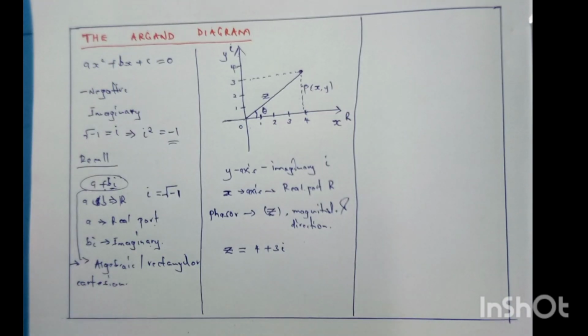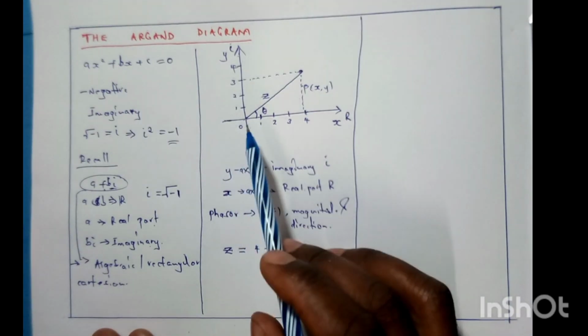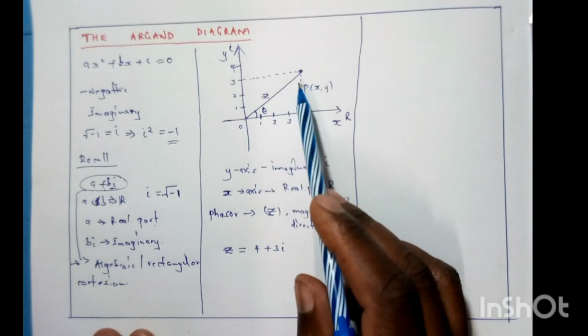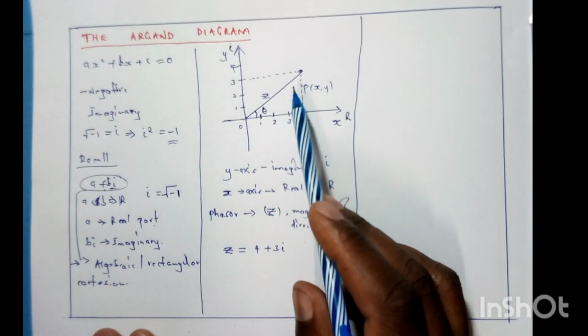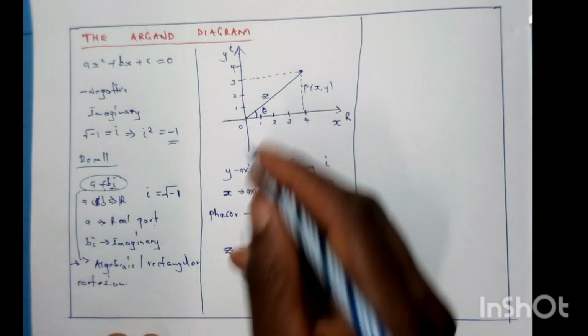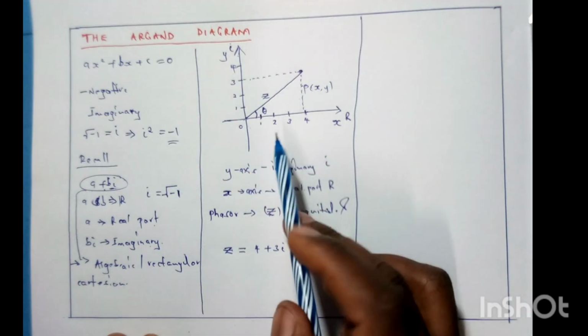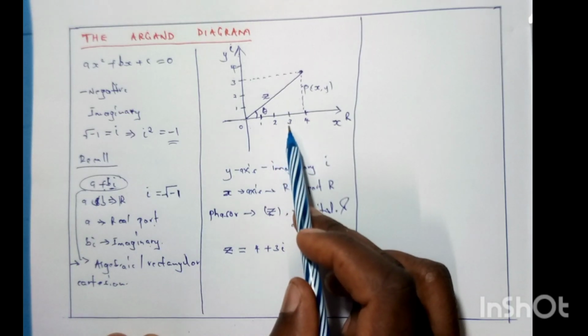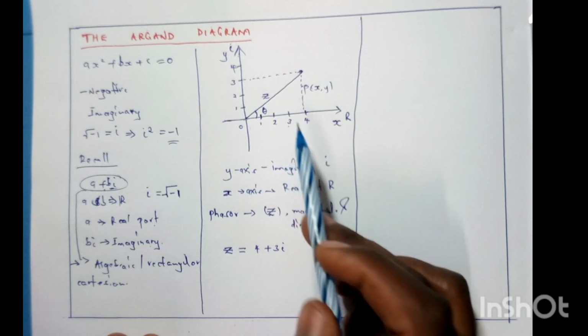That is going to assist us to describe various characteristics, or to analyze the quantity of this phasor using basic laws that we have learned, like the Pythagoras theorem. So the description can assist us to describe real and imaginary numbers.